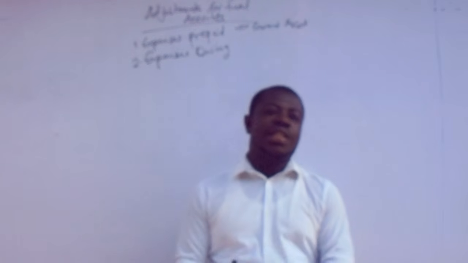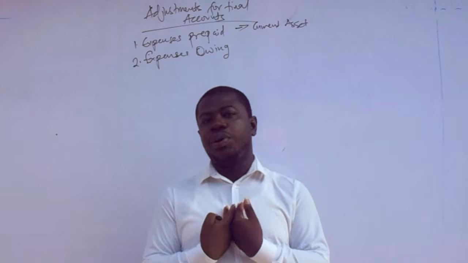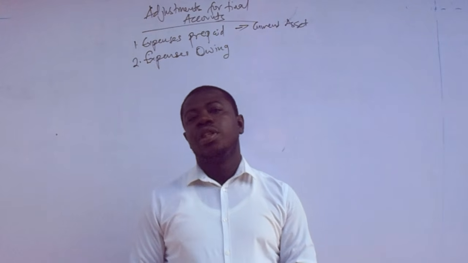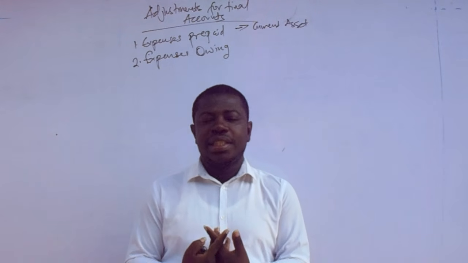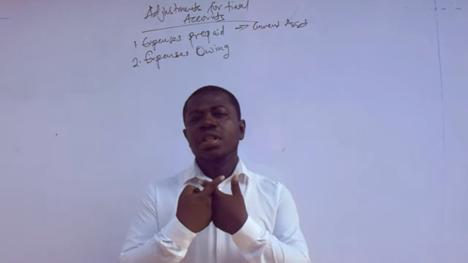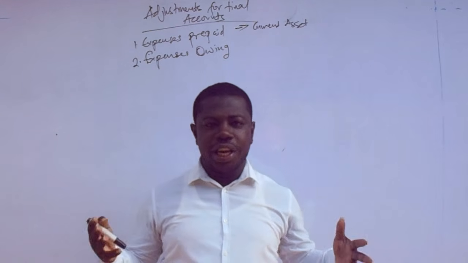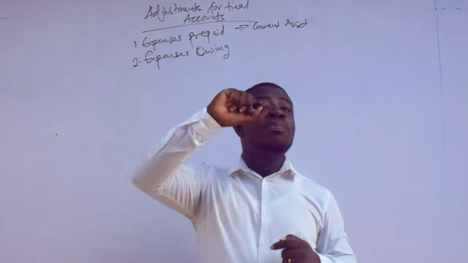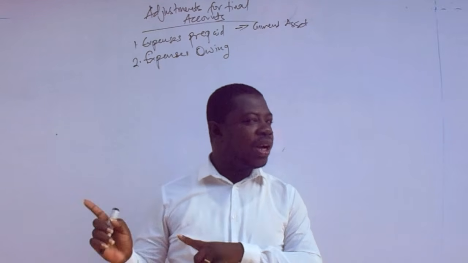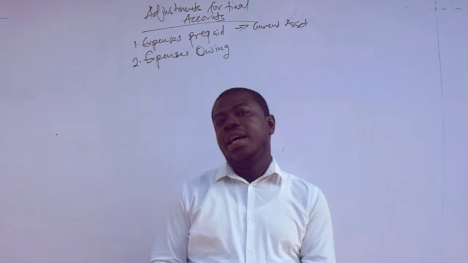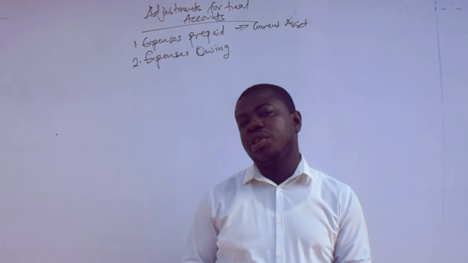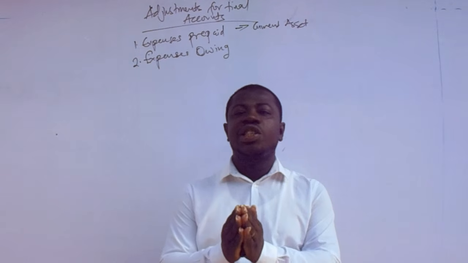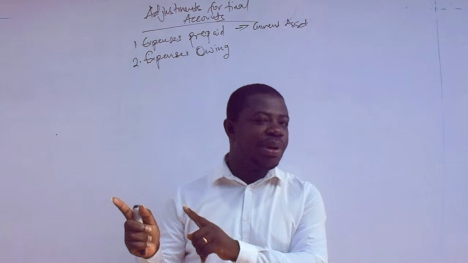Taking the same 600 cedis rent, for example, if I'm supposed to pay 600 cedis rent to my landlord as a business, and I pay just 500 cedis for the year. Now, I told you that in the trial balance, it is only what has been paid that will be in the trial balance, not what has been incurred. And the accrual concept and the matching concept tells us that we need to match what has been incurred, not what has been paid.